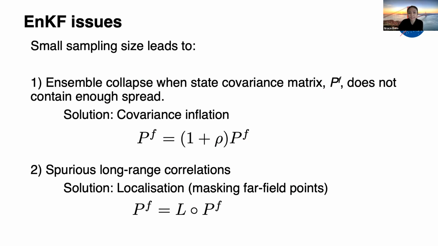So of course, EnKF, or the ensemble Kalman filter, like any other technique, is not perfect at all. In weather forecasting, for example, they typically use 100 models, and this relatively small sampling size often leads to issues like ensemble collapse, wherein the state covariance matrix PF does not contain enough spread.